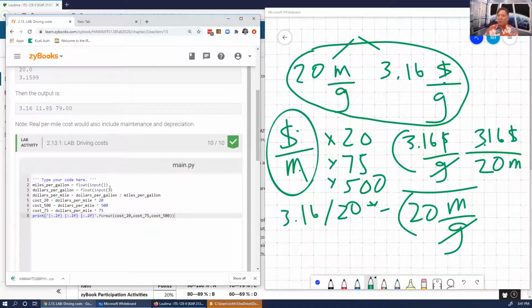Now, you could just put something right in there. You could put 20 times dollars per gallon divided by miles per gallon.